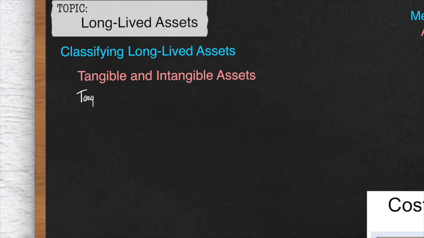Long-lived assets can be categorized into two different assets. One are tangible assets, and the other one is intangible assets. Let me give you some examples of tangible assets.